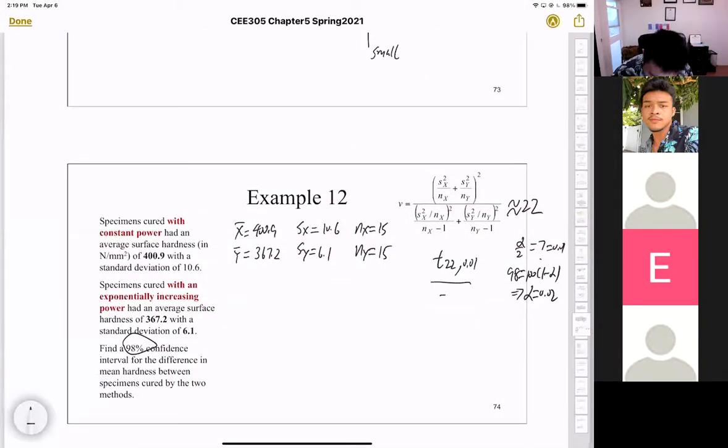So t half alpha is 2.508. And then let's plug it into the 98% equation.